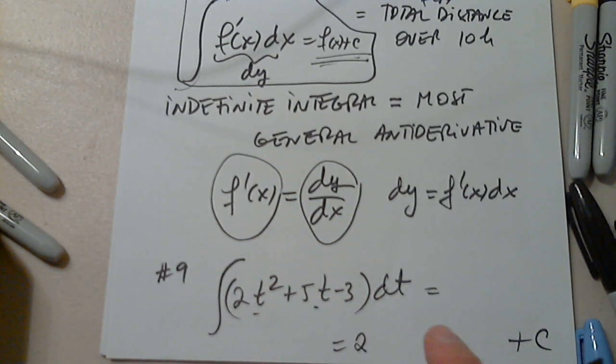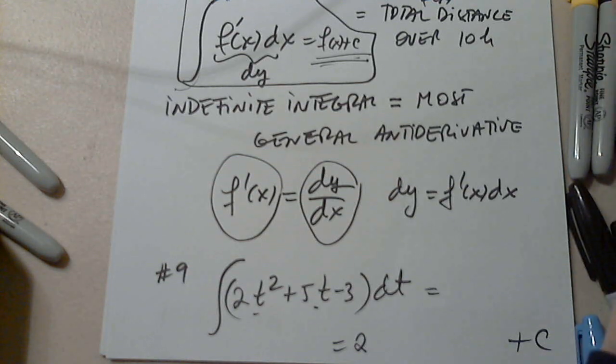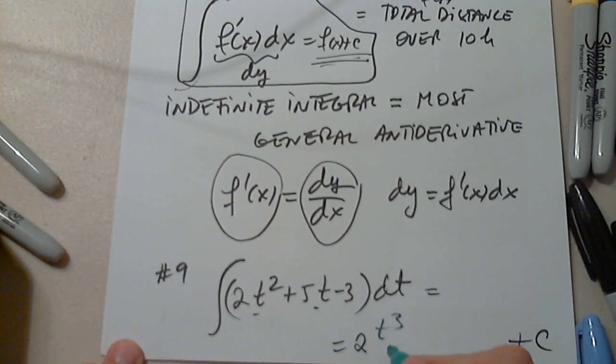I need a function whose derivative is t squared. A function that we differentiate to get t squared. Yes, I heard t to the third.